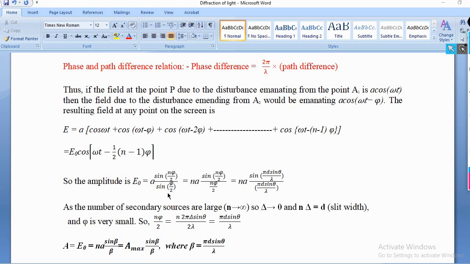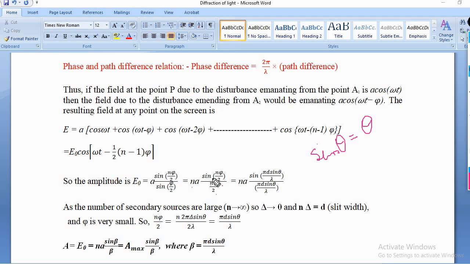Now just think about sin phi by 2. You can just consider sin theta. If theta is very small, then obviously sin theta is given as theta. So we have considered sin phi by 2 as phi by 2. To have a similarity between the denominator and numerator, we have multiplied by n, so this is given as n phi by 2.